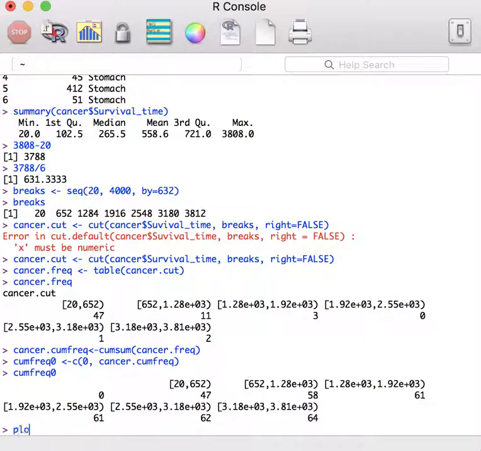To create this, you want to plot, and this is actually a plot that we do a lot. You want to plot your breaks and your cum frequency that we just created of 0, the cumfreq0, because you do want to include that 0 in there. And just as before, you want to type in your own title, ogive, let's say cancer type, cancer survival times, let's call it that.